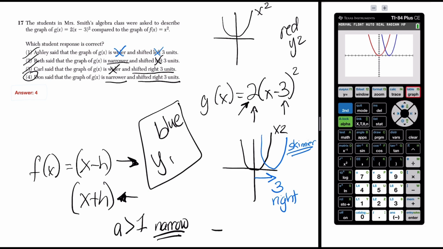If a is negative, it's going to go upside down. And because I don't expect that in a high stressed environment you're always going to remember this, I would say graph it and look. You're looking for, is it shifting left or right, up or down? And is it getting skinnier or is it getting wider? All right, hit pause and jot this into your notes.